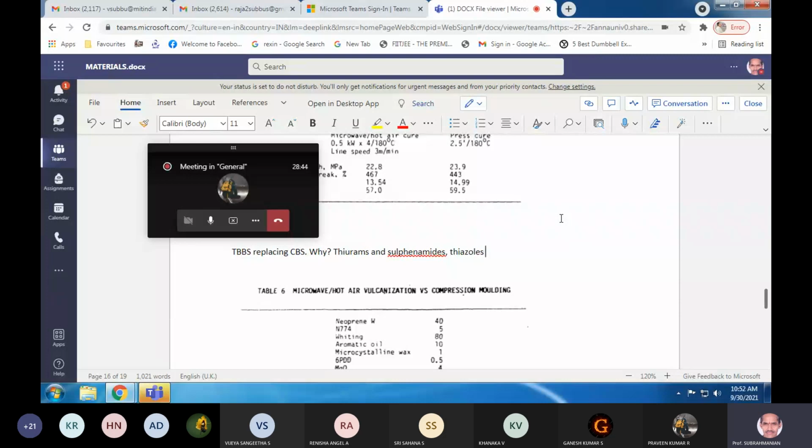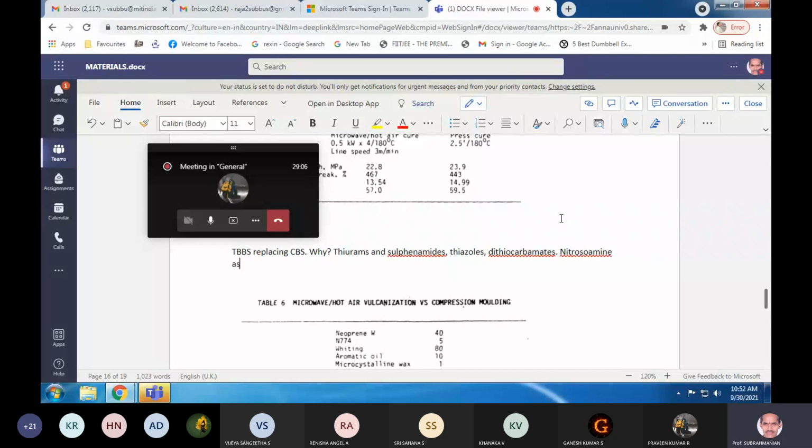All right, thiazole. Certain dithiocarbamates. Why I list all this, I will tell you. Dithiocarbamates or thiurams, what they do, they generate nitrosamine as a byproduct during vulcanization.